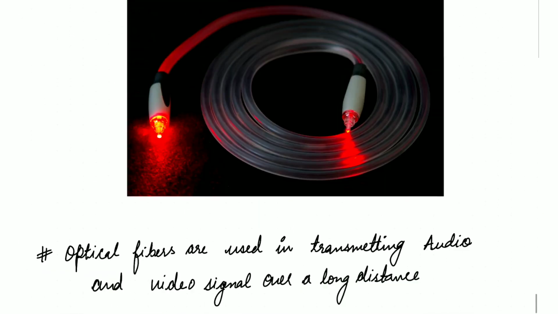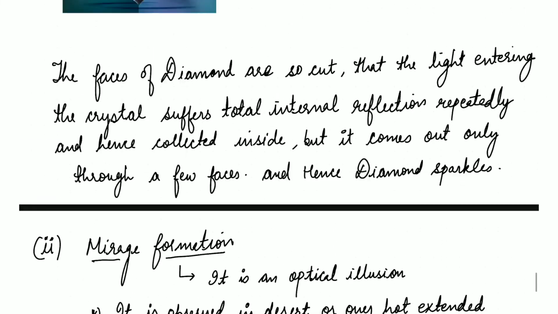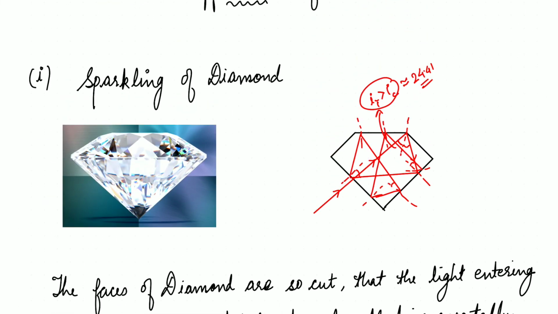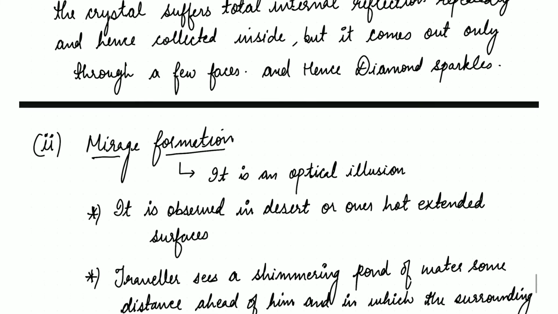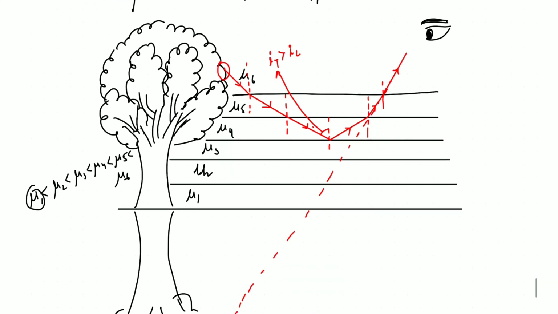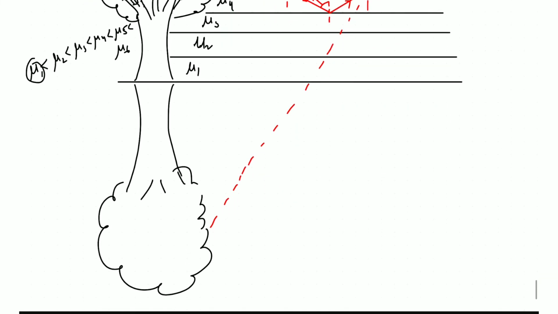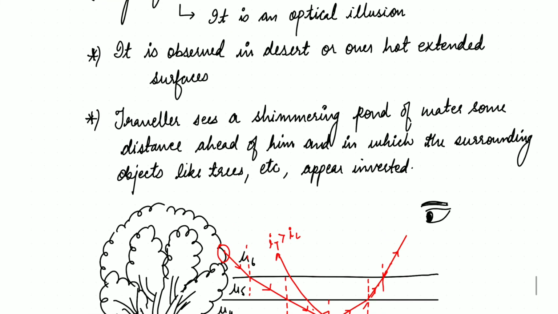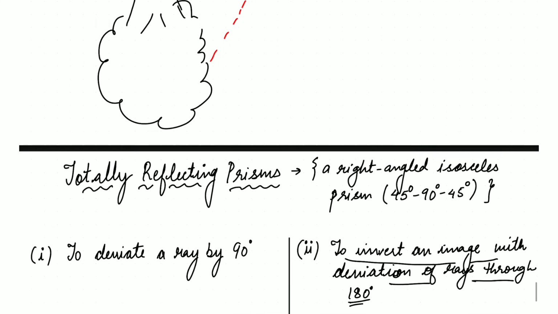So we have basically talked about 4 different applications of TIR. Number 1, the first application we talked about was the sparkling of diamond. Second application was mirage formation, that we see in the desert, or at a place over hot extended surfaces, right?